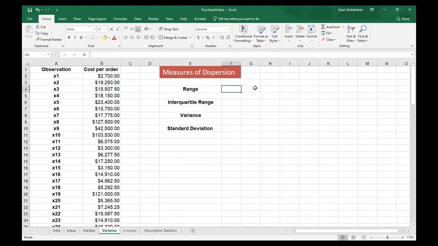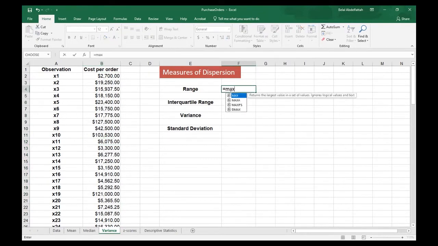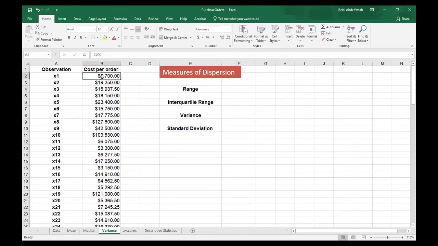Now, I could sort this information out, or I could use the maximum and minimum function together and get the difference between the two. I'm going to use the max function. And just to simplify things, I'm going to create a name range for cost per order.